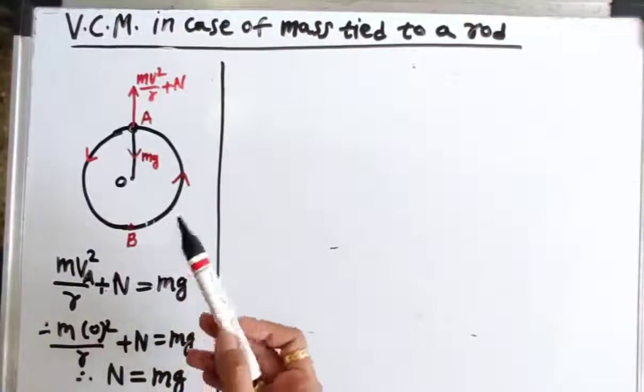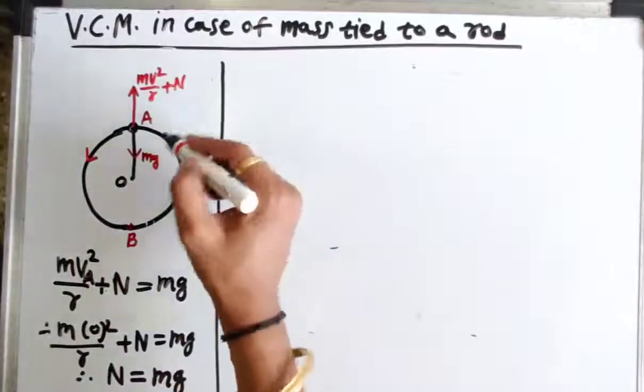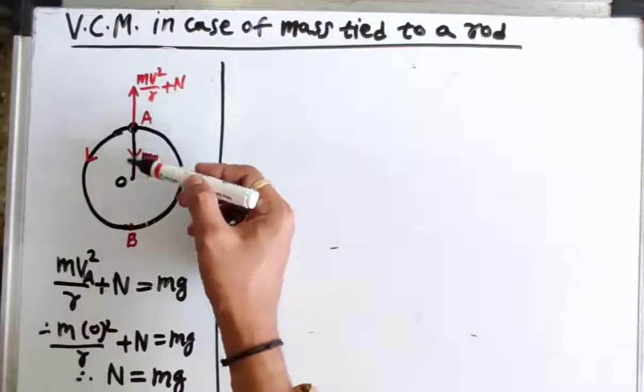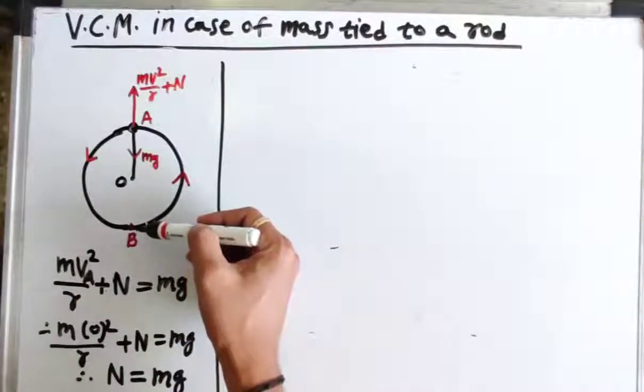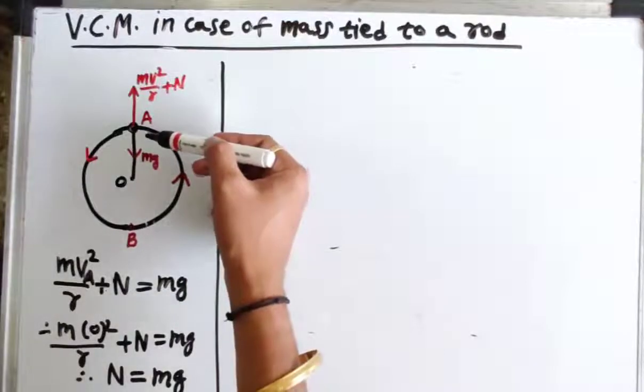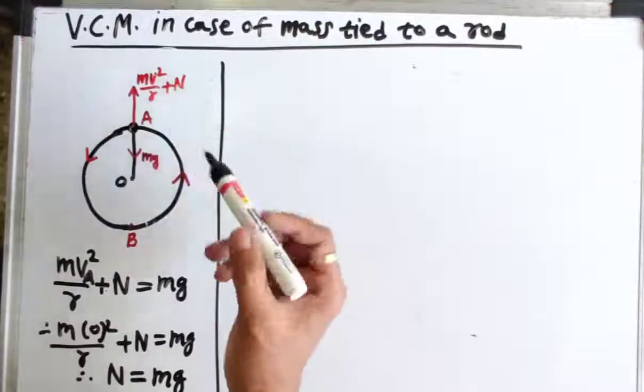Now according to the law of conservation of energy, total energy at B, the lowest position, is equal to total energy at A, the highest position.